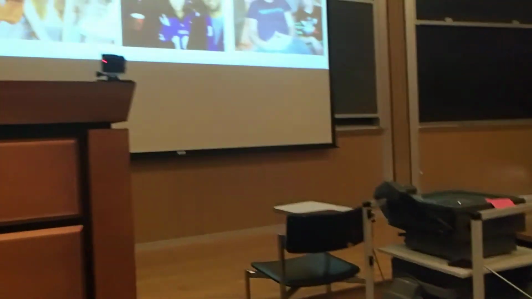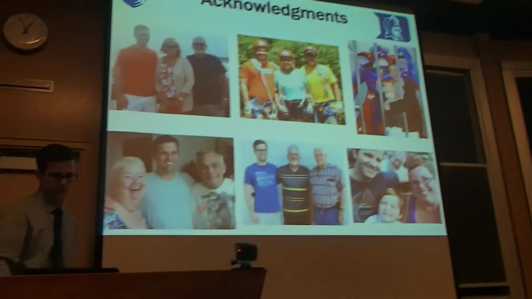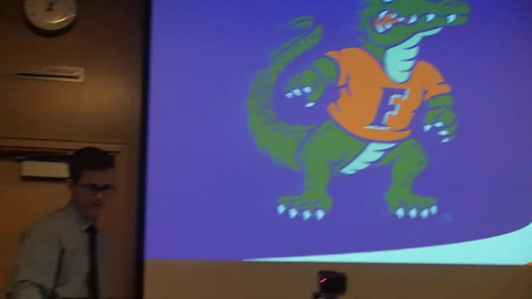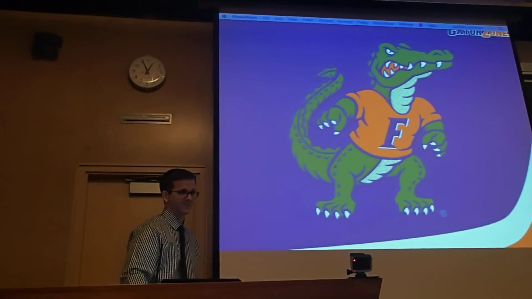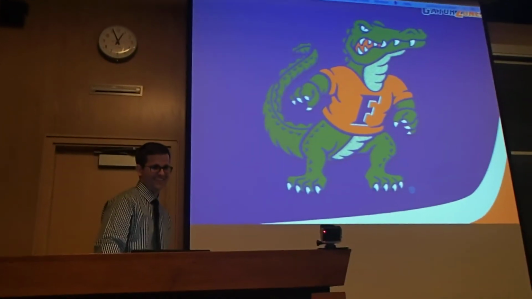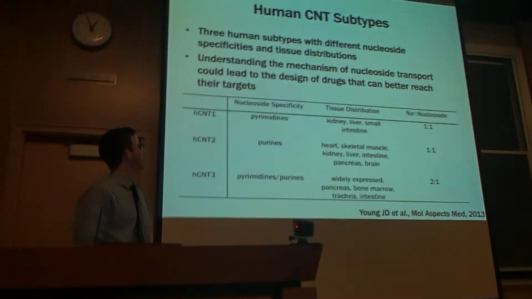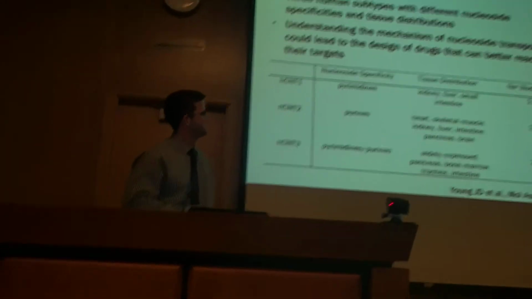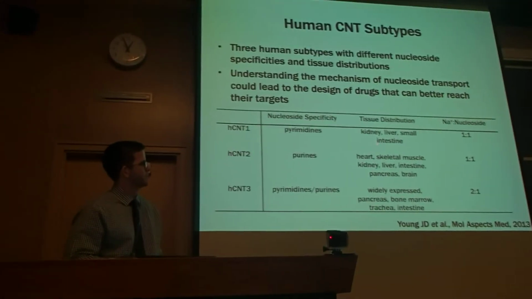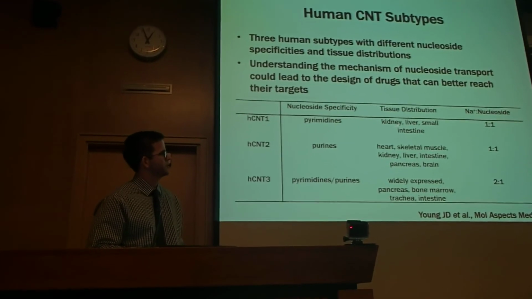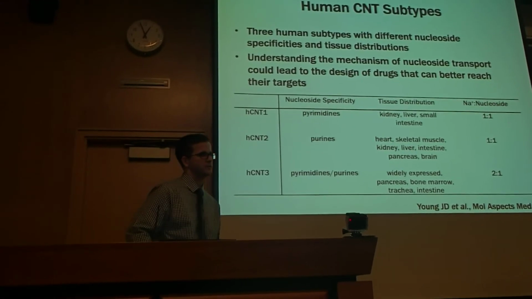I think HCNT1 is more prevalent, but they're very tissue specific in their distributions. This is just the different tissue distributions they're found in. Some of these are more broadly found, but these are the tissues with the highest levels of expression.